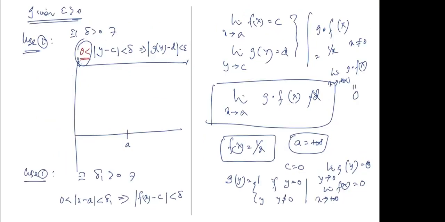So what I was saying initially: let's say f is a constant function, let's say 1. And then let's say g is this.